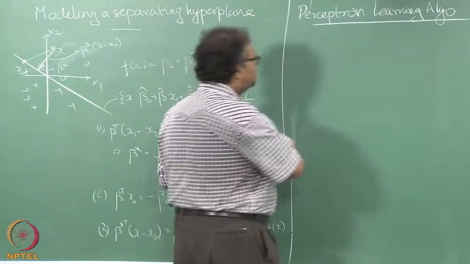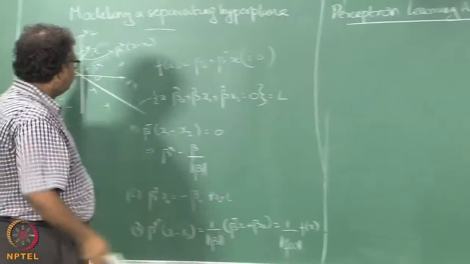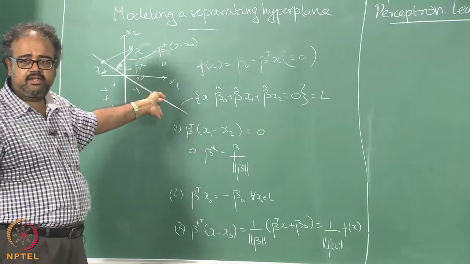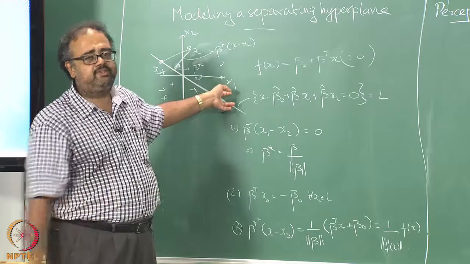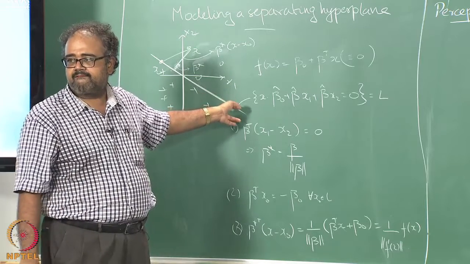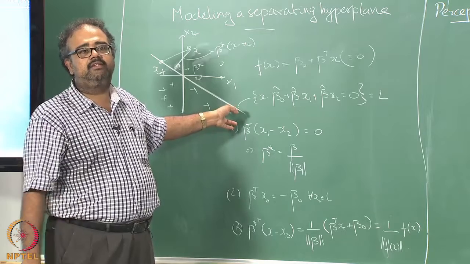So the idea behind the perceptron learning algorithm is very simple. I have this decision boundary. I want to make sure that any point that I misclassify is as close as possible to the decision boundary.